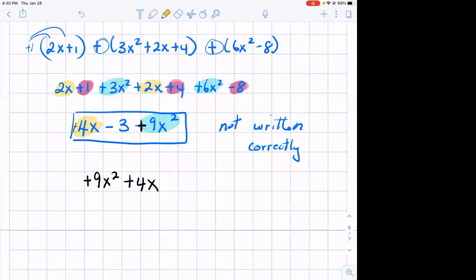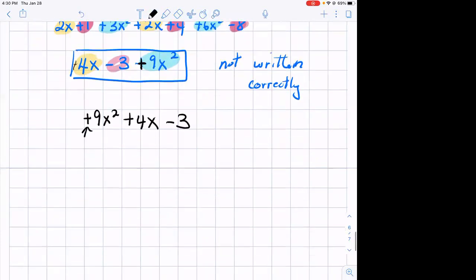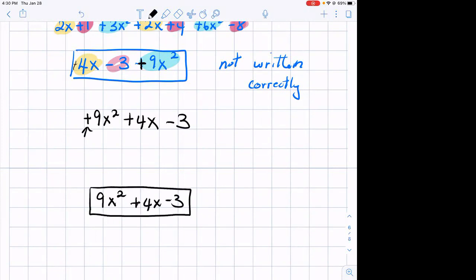And then finally, we have the minus 3, which is here. So that becomes minus 3. Now, we don't usually write the plus sign here. So to make it a little bit nicer, 9x squared plus 4x minus 3. And this is our correct or proper way of writing it.